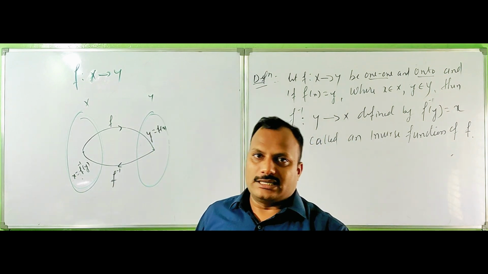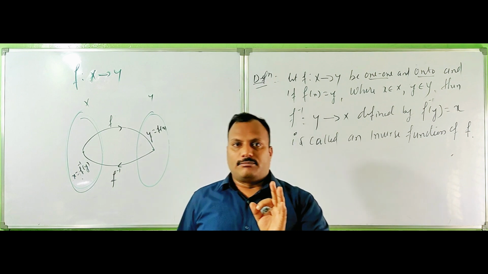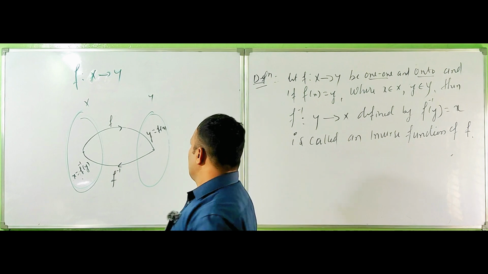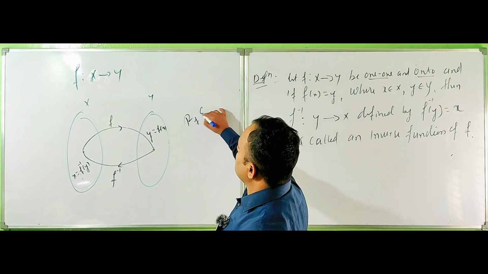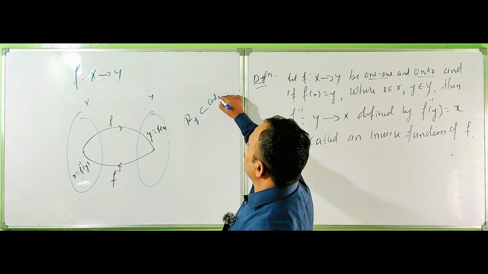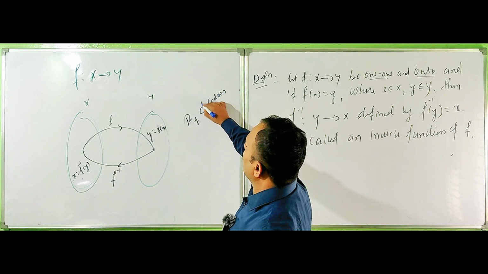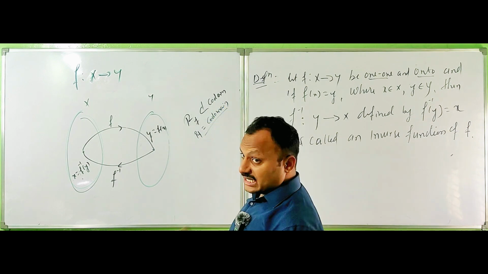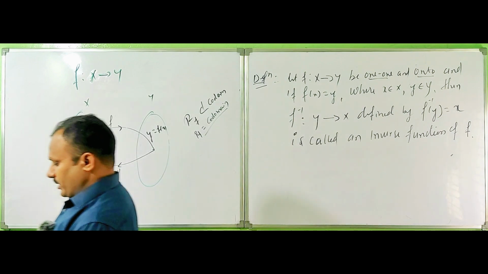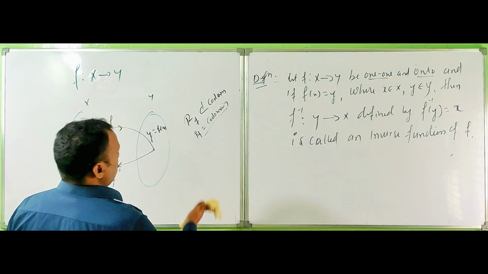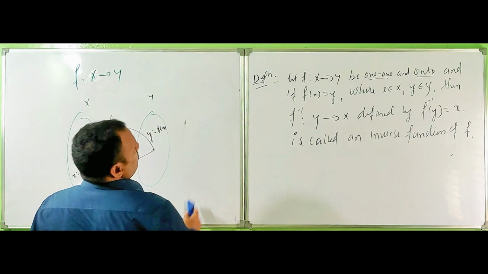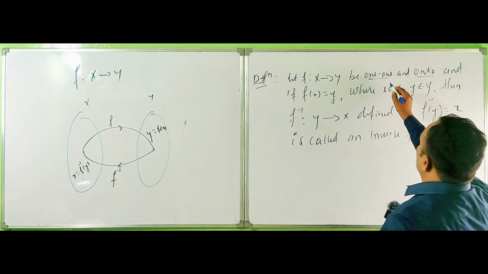The range should not be a proper subset of the codomain. So our range should be the codomain. This is the condition, that is the onto condition.